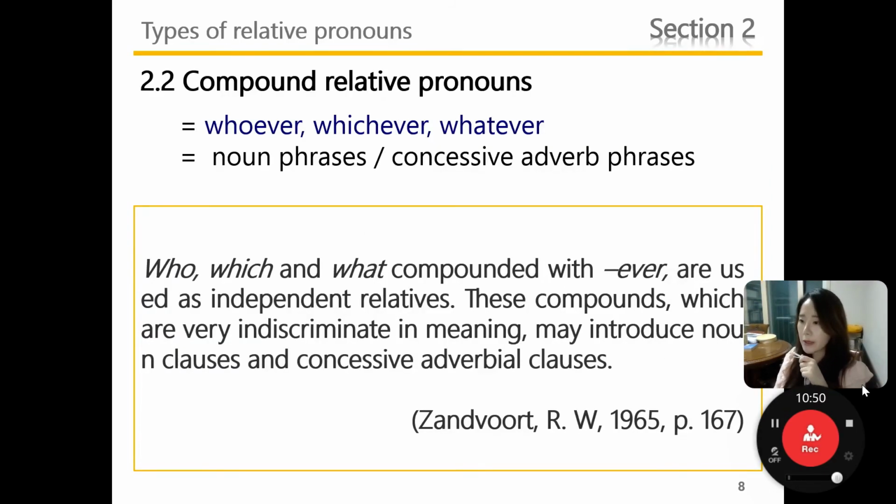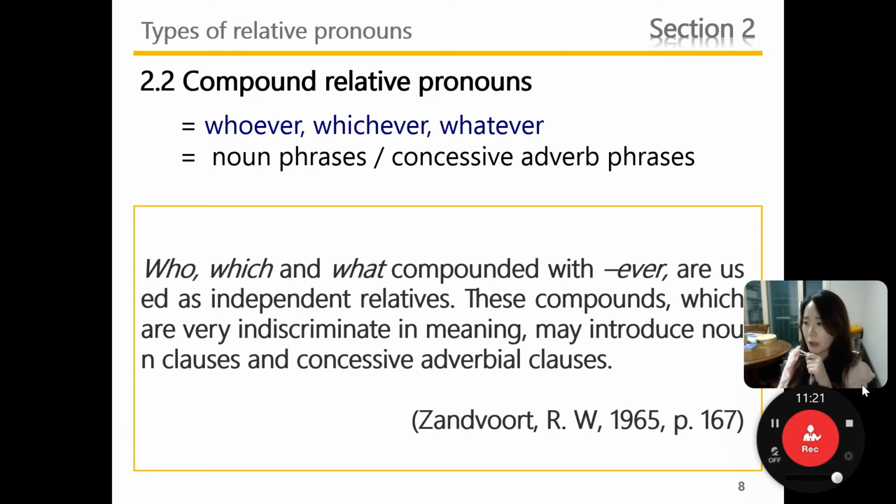Compound relative pronouns are a combination of a noun and a relative pronoun into one word. It's an addition of ever at the end of general relative pronouns who, what, that, which, resulting in whoever, whichever, whatever. As general relative pronouns serve various grammatical functions in a sentence, compound relative pronouns differ in their usage depending on the function.